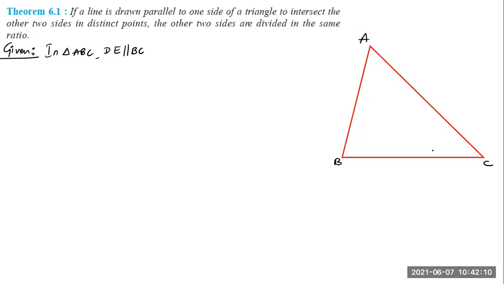It can be on top, at the bottom, or wherever. I'll take here a point D and a point E, and I'll join DE. So now DE is parallel to BC. We are proving AD by DB is equal to AE by EC.